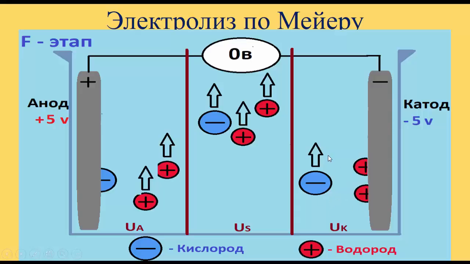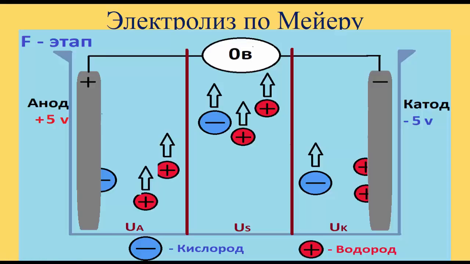That is, we get half the volume of UA involved in the formation of brown gas, half of UK volume contributes to brown gas formation, and the entire volume of US is involved in the formation of brown gases. So basically, we have Meyer electrolysis. It gives brown gas twice as much as standard electrolysis.